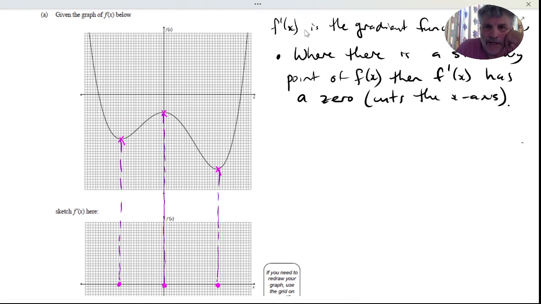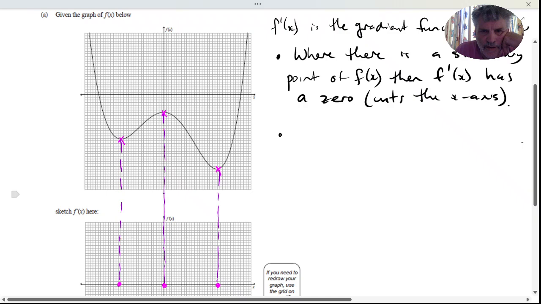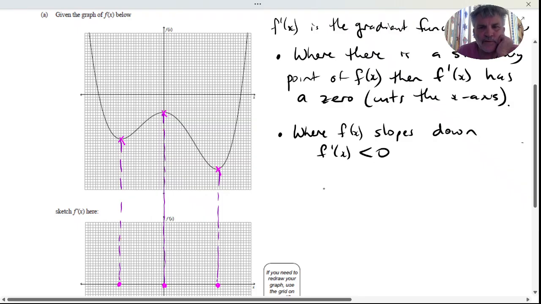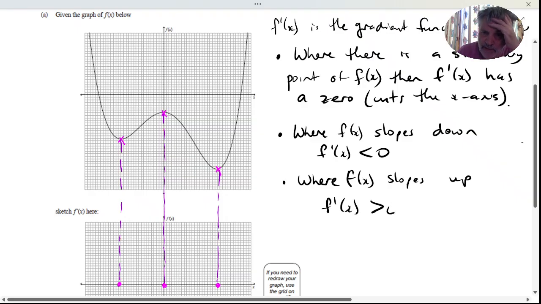And the second feature that we want to plot is where f of x slopes down, f prime of x has to be less than 0. And where f of x slopes up, f prime of x is bigger than 0.